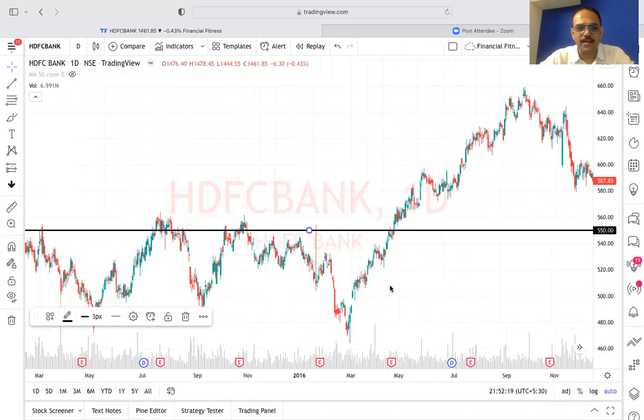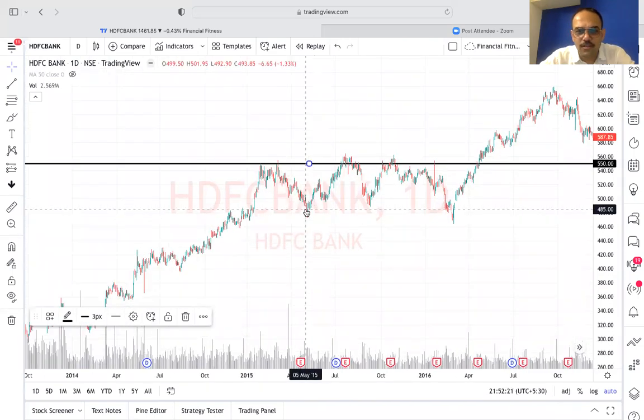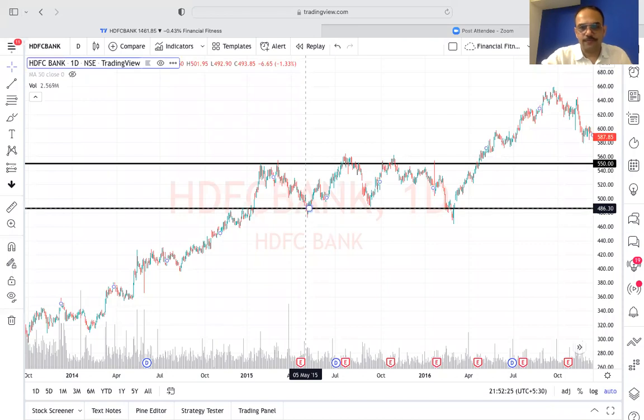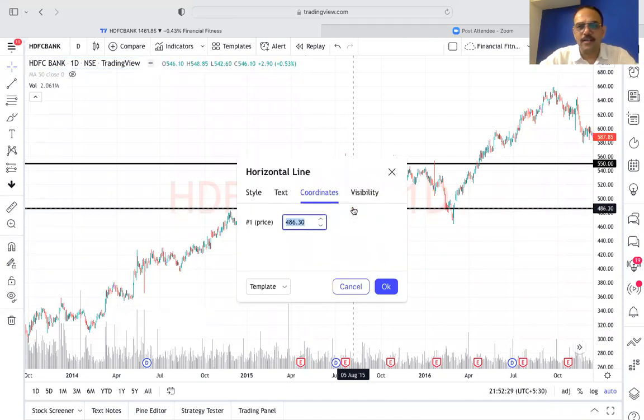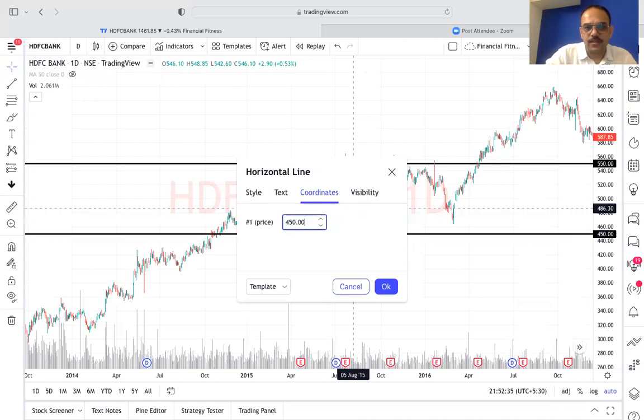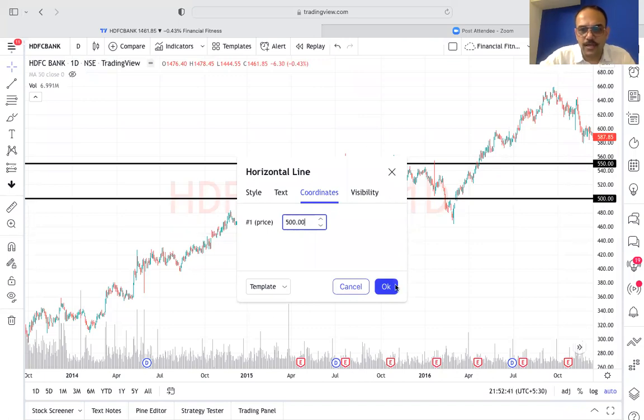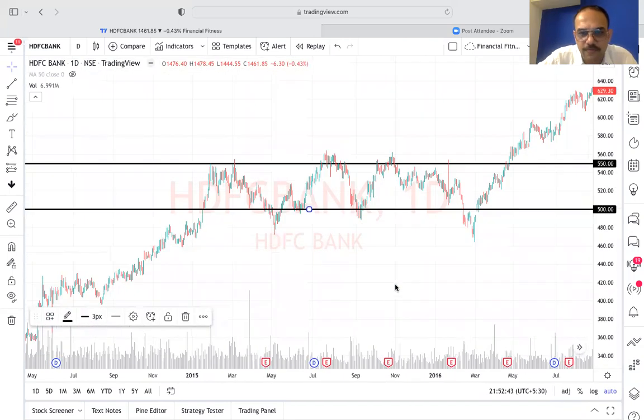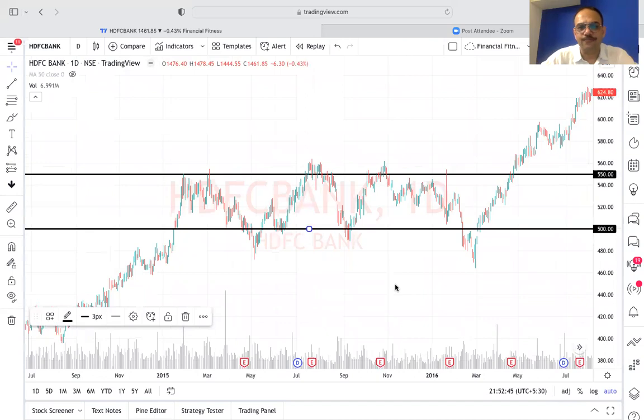Then you find where the support was. Roughly here was the support, right? It is 486. It cannot be 486, correct? So bring it to some level like 450. Let's see, it is 2 downs, 500. Okay, 500 to 550.